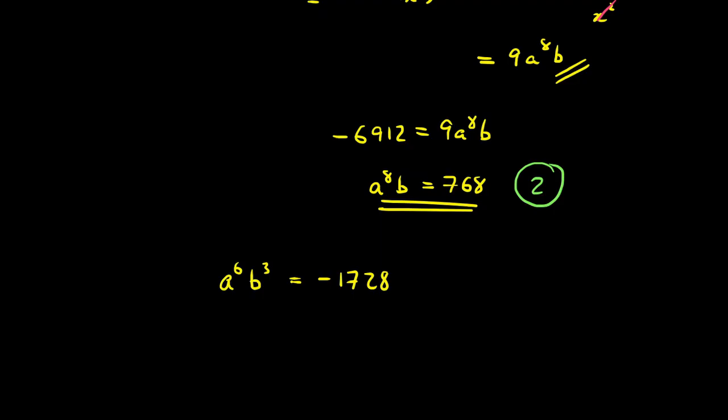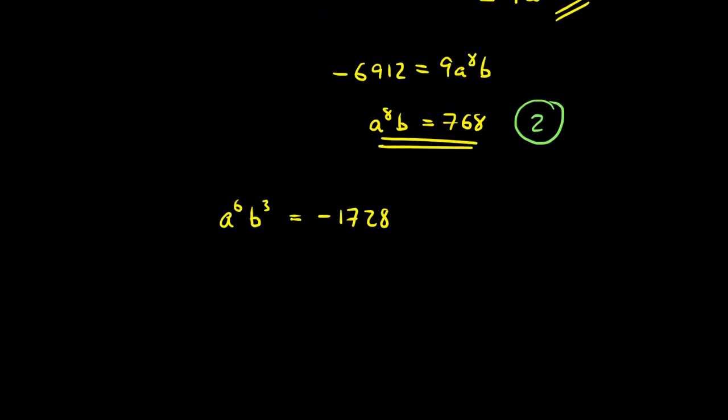And hopefully you can see that through the indices rule, if I was to write a squared b all to the power of 3, that's the same thing. And so I can cube root both sides. So I get a squared b, and I'm going to cube root the 1728, so 1728 all to the power of a third. And so that's going to give me minus 12.